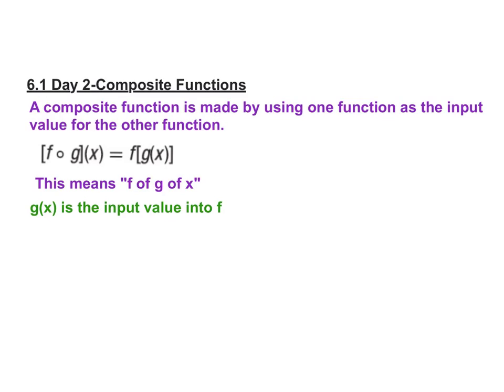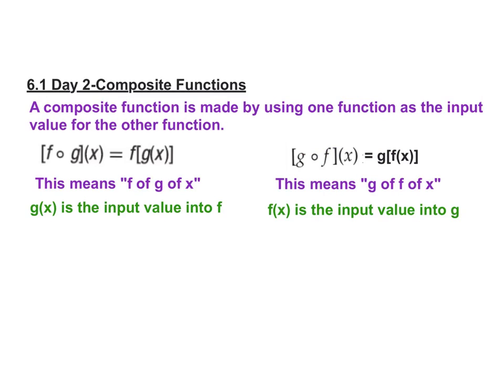Now, sometimes flip it around, okay, and this is f of g and g of f. That's what you guys will like to say, so I'm just going to beat you to it. All right, so now this is where it flips around. Now, f of x is the input value into g.